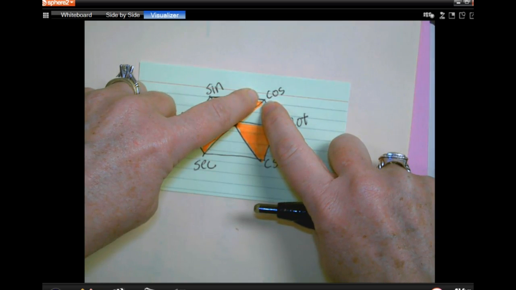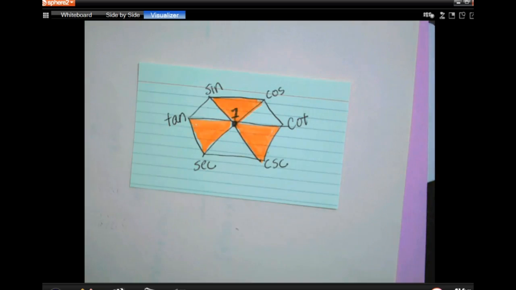Okay, when you multiply, yes. Cotangent. When you're multiplying. Go back to the first one. Like I said, cosecant is equal to secant divided by tangent. It's the same if I go the other way.